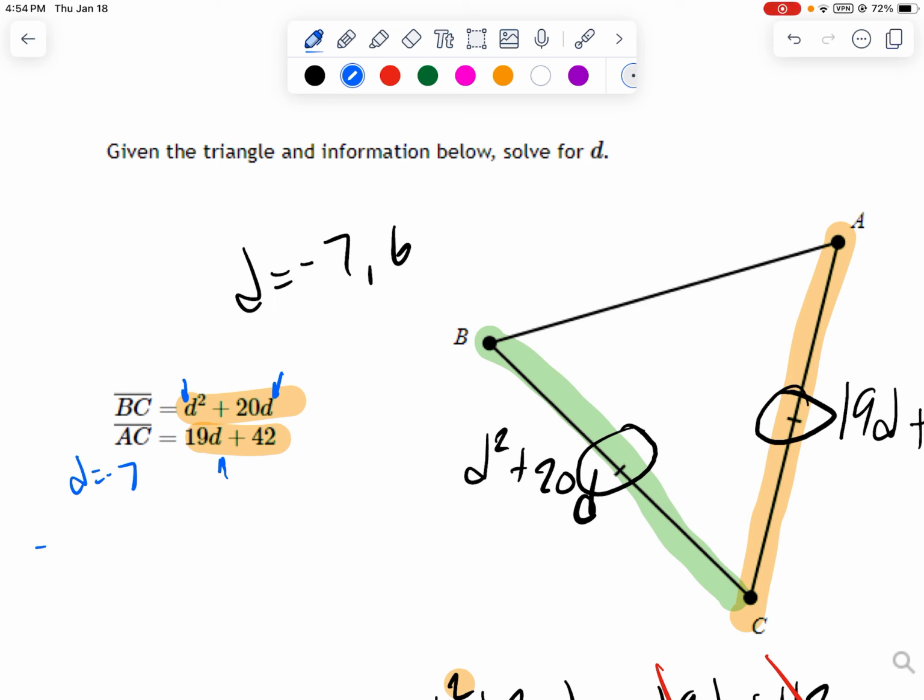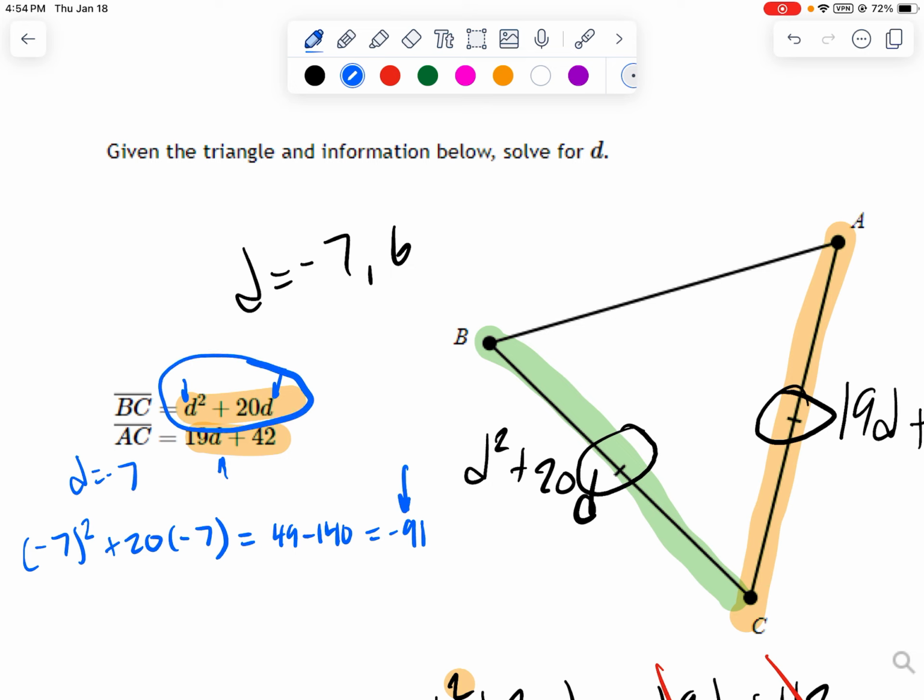So we have negative 7 squared plus 20 times negative 7, which is the same thing as 49 minus 140. From there, you can already tell that the solution is going to fail. Even if you do that subtraction, you get negative 91, and if we plug negative 7 in, that should tell you the length of BC.